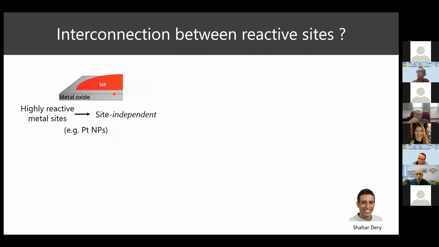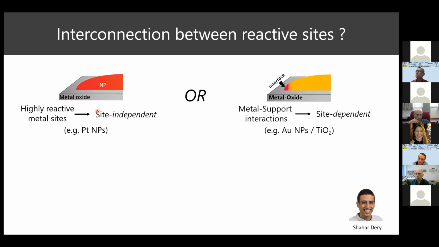Either we're talking about a highly reactive nanoparticle, for example, a platinum nanoparticle in hydrogenation reaction, and then we expect to see site independence, or we have a less reactive metal, and then we put it on an oxide, and then we expect to see high reactivity, but it should be specifically located at the metal oxide interface.